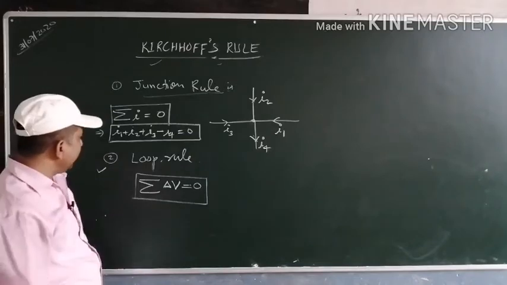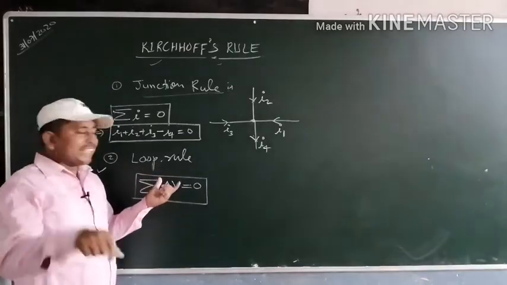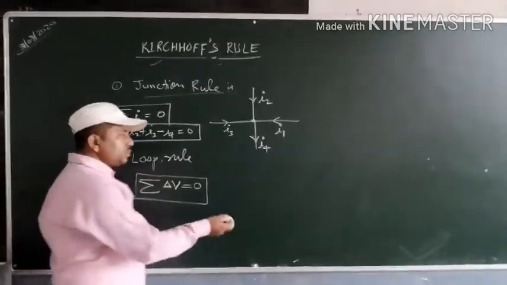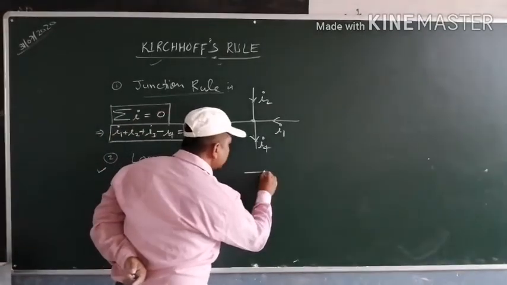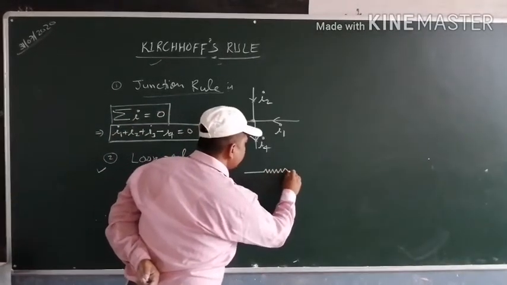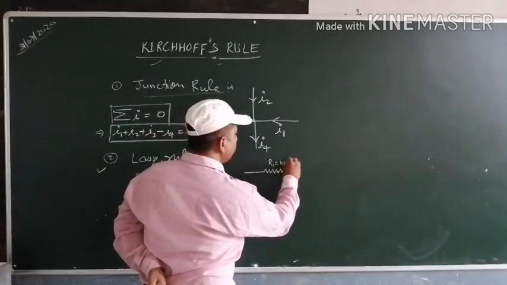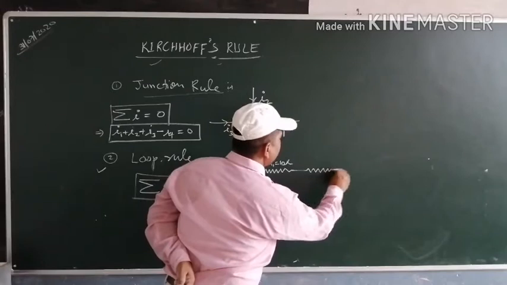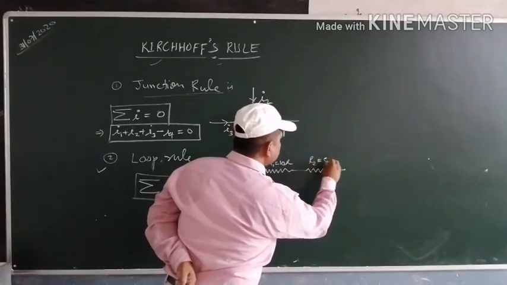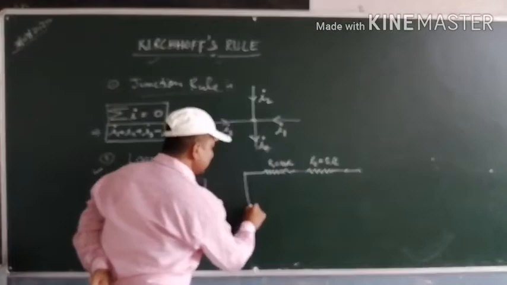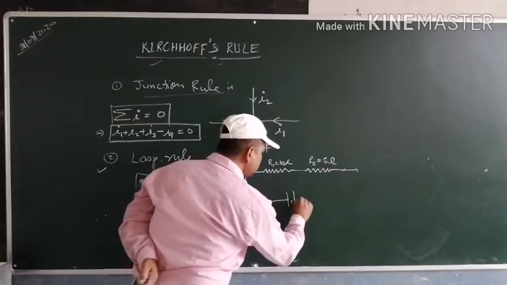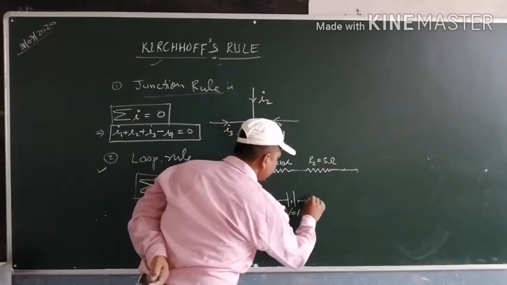Let us understand the practical meaning of the loop rule. Suppose we have a circuit in which two resistors are connected, R1 whose value is 10 ohm and R2 whose value is 5 ohm, connected with a single voltage source of 10 volt.